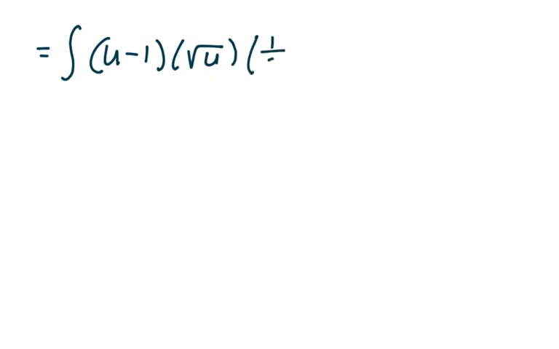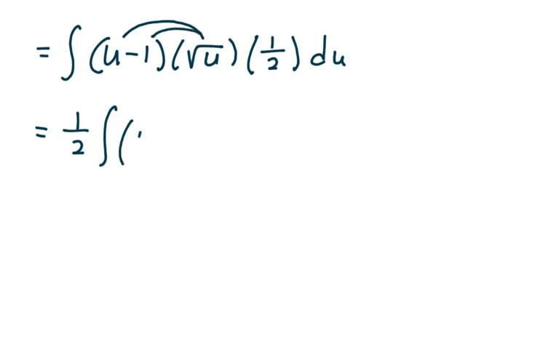So I'm going to pull the half out in front. And I'm going to distribute the square root of u in. And so I'm going to get u to the 3/2 minus u to the 1/2, which is just the same as the square root of u, du. So this is 1/2 of the integral.